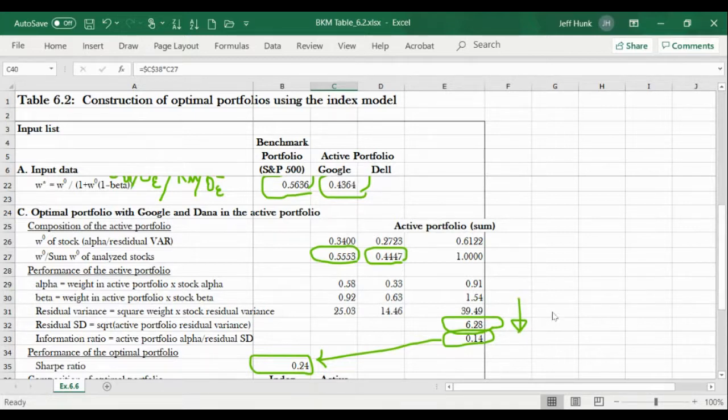It drops drastically, compared to the standard deviation of Google or of Dell, respectively.